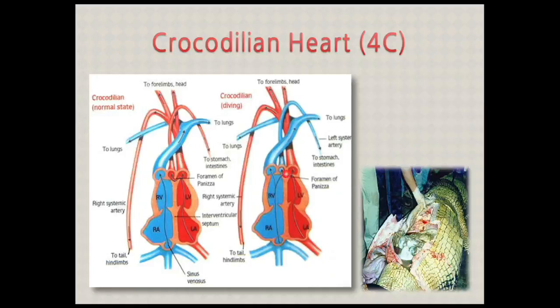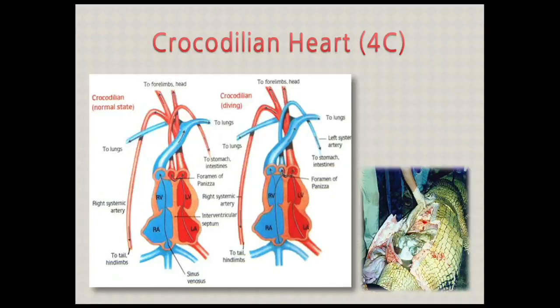Because over here, the foramen of Panizza is closed. So what will happen? The oxygenated blood from the left side of the heart will go only and only into the right systemic arch, and it will go to the head parts also.